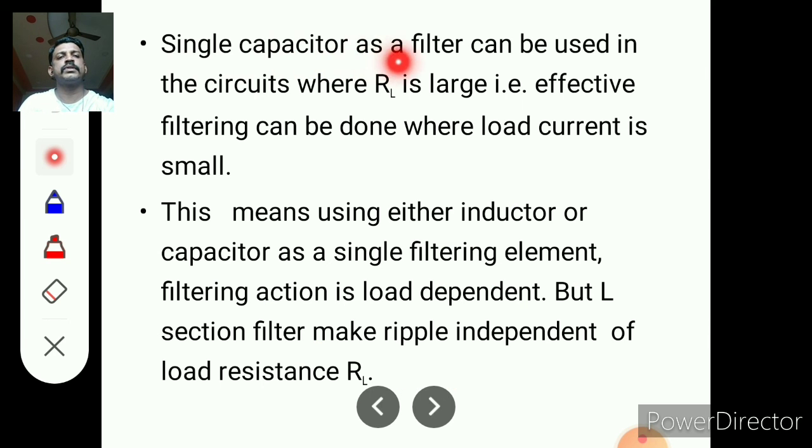A single capacitor as a filter can be used in a circuit where RL is large, that is, effective filtering can be done where the load current is small. This means that using either an inductor or a capacitor as a single filtering element, the filtering action is load dependent, but the L section filter makes ripple independent of load resistance RL.